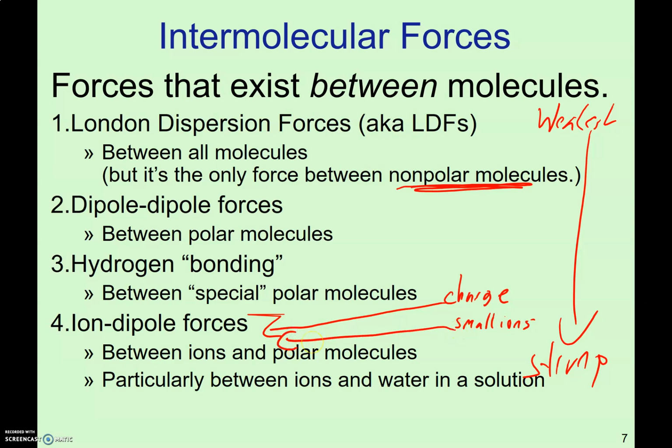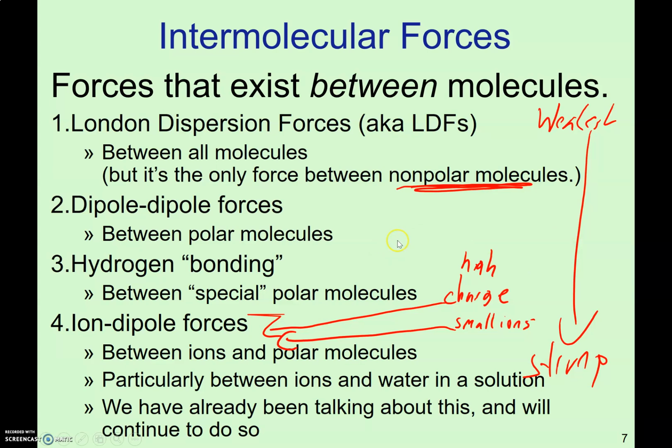So things that have high charge and that are small have the strongest ion-dipole forces. As I said, these are the Coulombic forces, and we will continue to do so in this lesson.